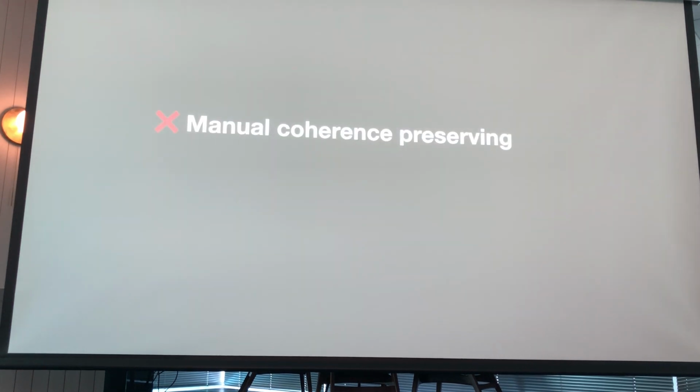So those two things have problems. First is manual coherence preserving. You have to manually preserve that the indices in your CPU side code and GPU side code are the same. You have to ensure that you encode all of the arguments, create a pipeline state, and so on.